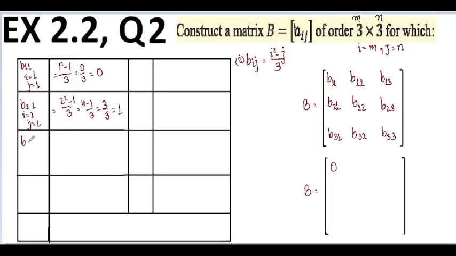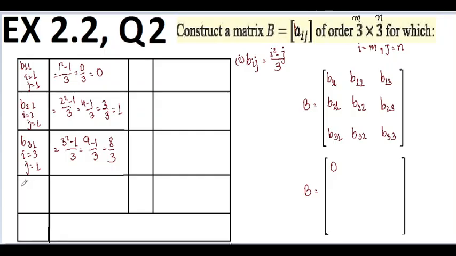Now B31: i equals 3 and j equals 1. So putting these values over here, we get (3 square minus 1) whole divided by 3 equals 9 minus 1 by 3, which is equal to 8 by 3.